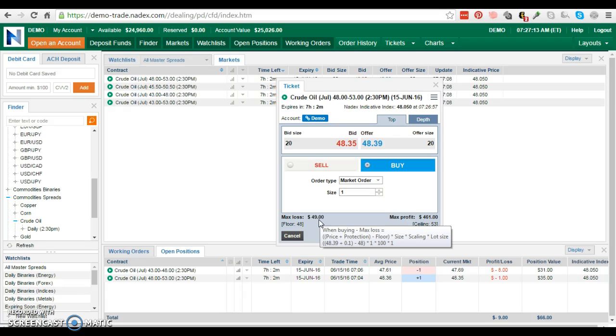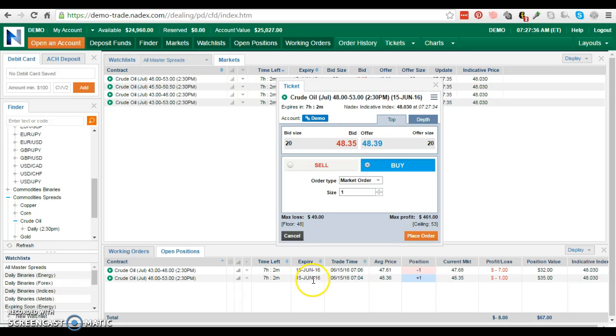But I got in right here. I bought this floor of 48, and the ceiling on it is 53. Okay. This is the time left on the trade.